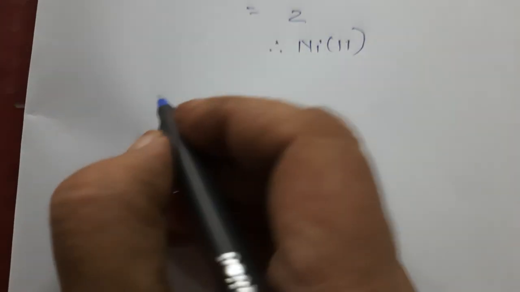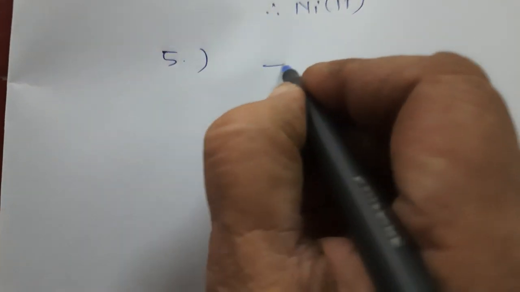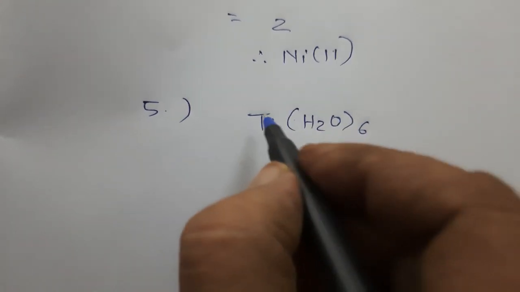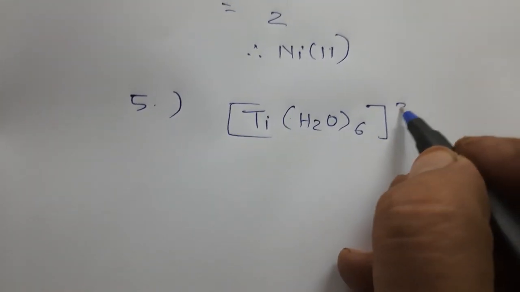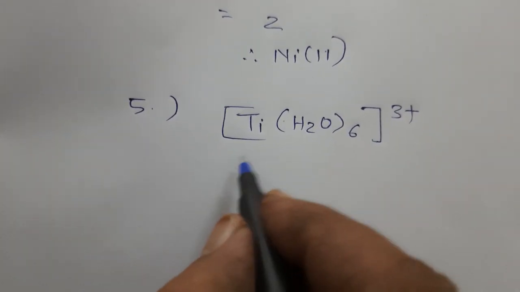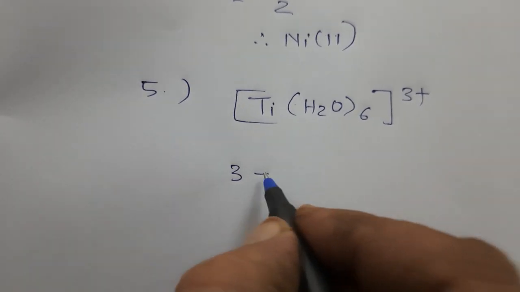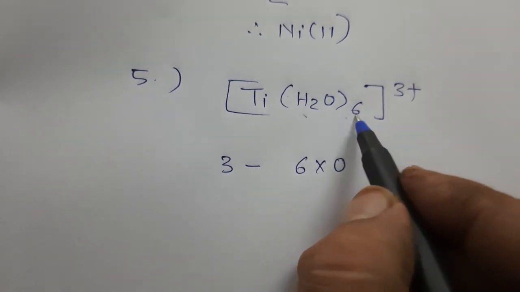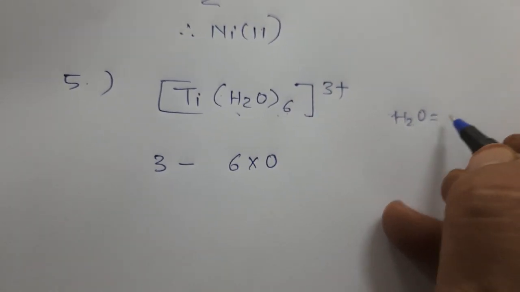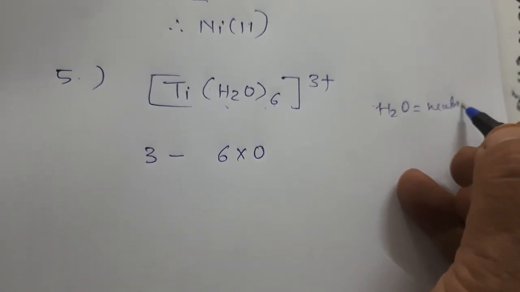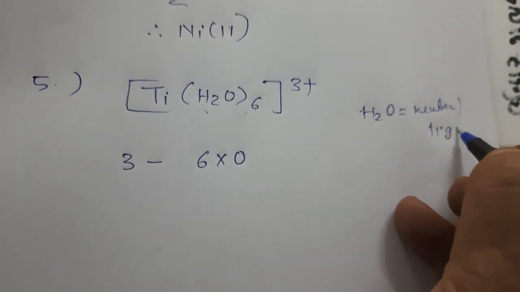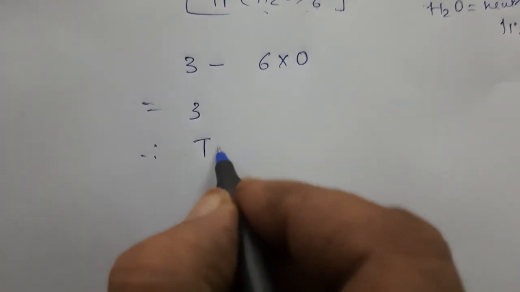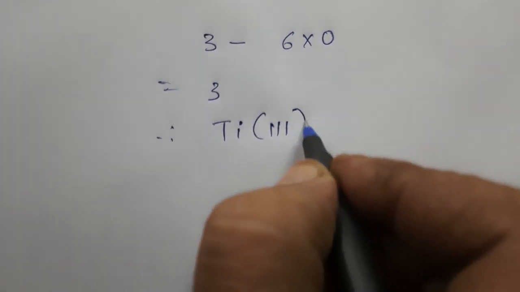Next is titanium hexaaqua, Ti(H2O)6 3 plus. So here we will write 3 minus 6 into 0. Why 0, beta? Because H2O is neutral ligand. So it is equal to 3. Therefore it is titanium 3.